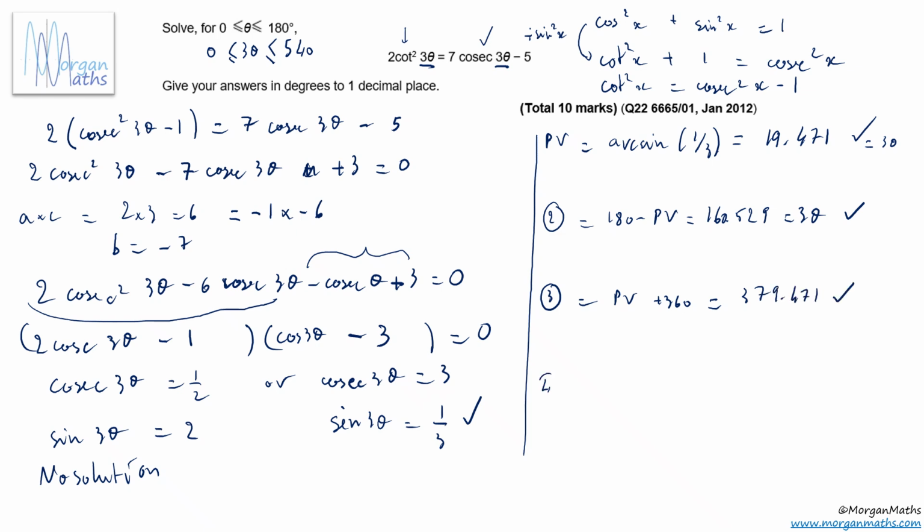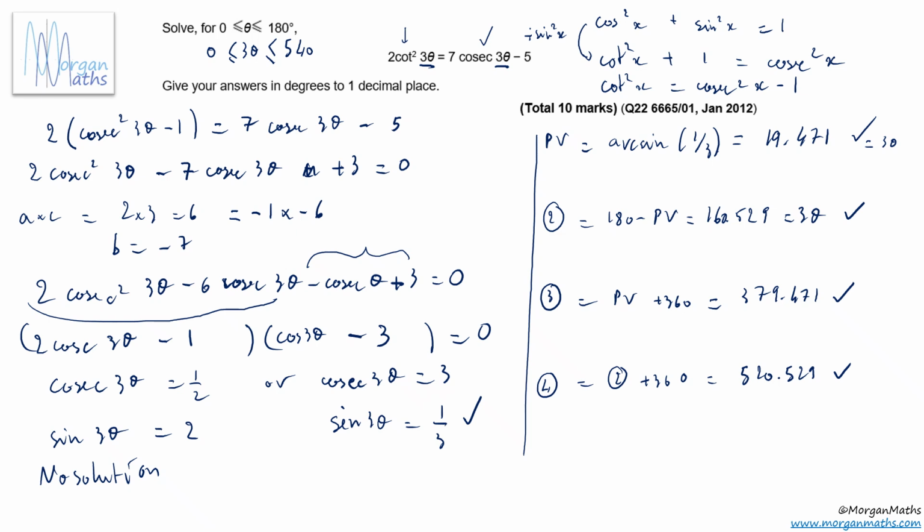And then the fourth value is going to be the second value plus 360, and that gives me 520.529, which is within the interval that I'm going to accept. And I can see here that if I add 379 plus 360, I'm going to be well beyond 540, so I'm not going to bother.